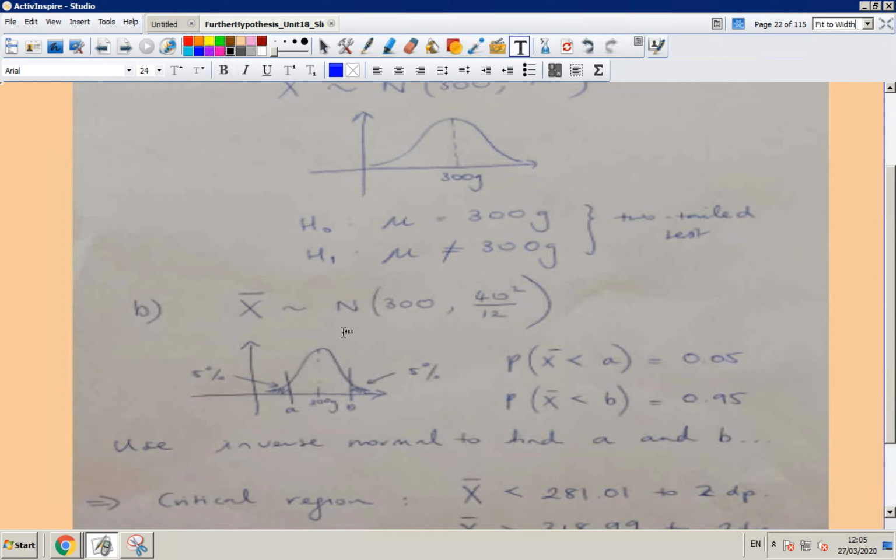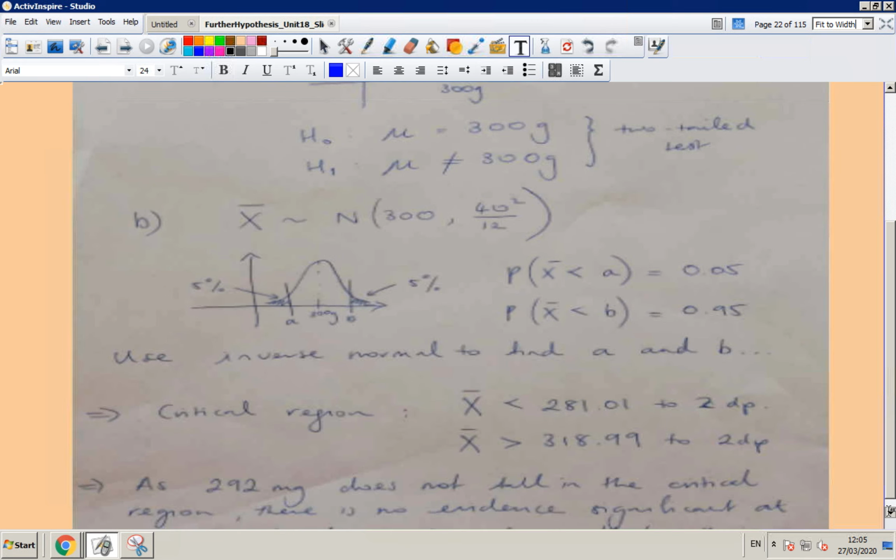Alright, so we're going to take our sample mean, and we know that it's normally distributed with mean 300 grams, and the variance of the sample mean, remember, is our variance divided by the sample size. So it's 40 squared divided by 12. So our sample mean is normally distributed with a mean of 300 grams.